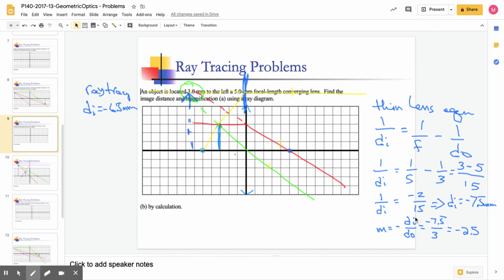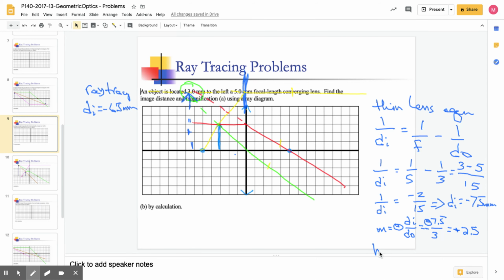Oh, I forgot my negative here. So I have a negative here, and then I have a negative here. Two negatives make a positive, so m is positive 2.5. That tells me my image should be erect, and it is. And it's 2.5 times my object, which it looks like it is here too.